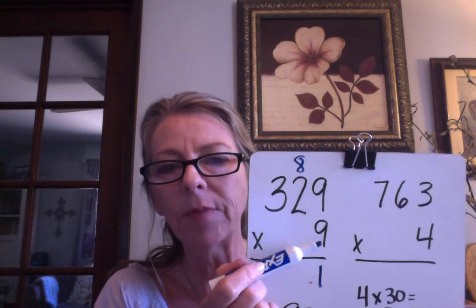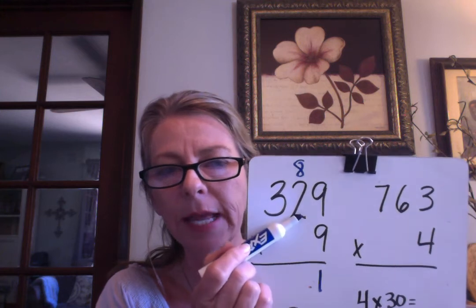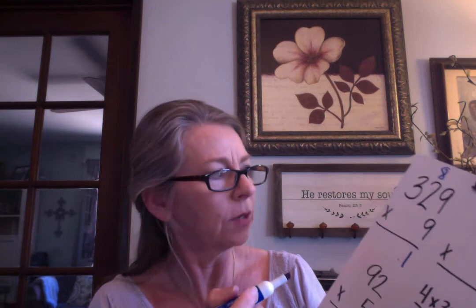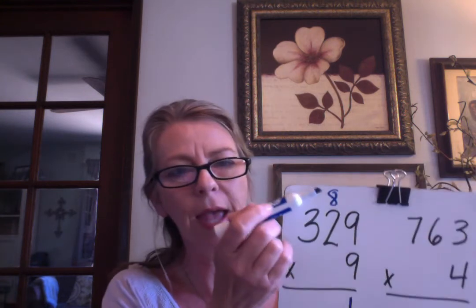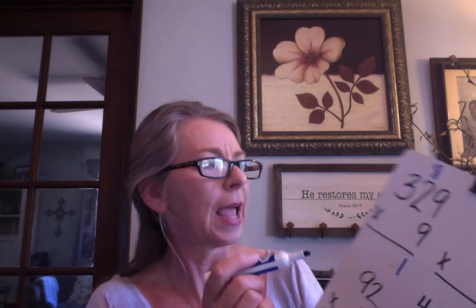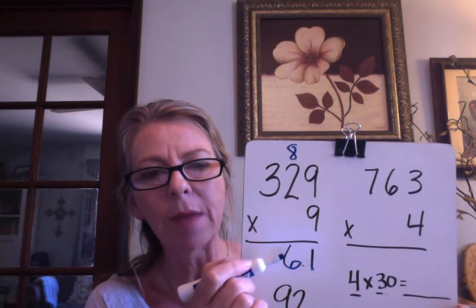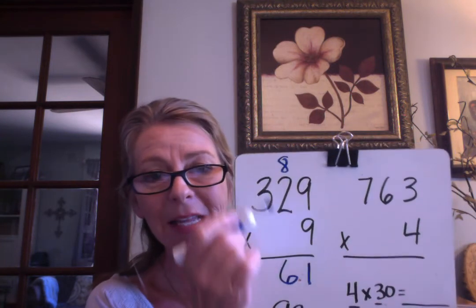Okay, then we multiply our multiplier times our tens, and 9 times 2 is 18, right? And then we have to add 8 more, okay? So we have 18 plus 8 would be 26, right? So we put our 6 down, all right? And we have to rename our 20 tens for 200.